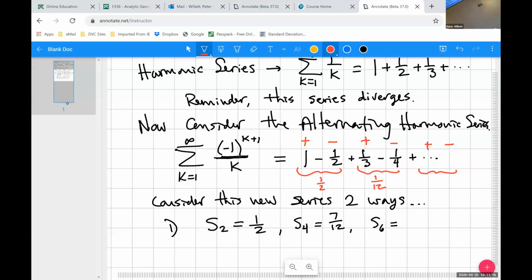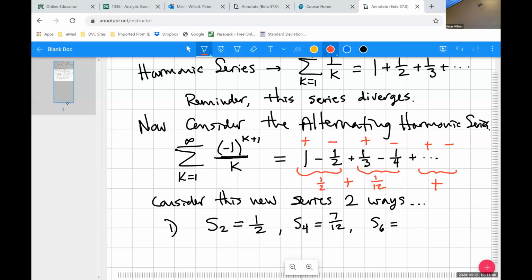So the pair of numbers that I'm adding when I go to the next even partial sum will always add some additional positive value to what I had up till that point. So for example, S sub 4 was 1/2 plus an additional 1/12.